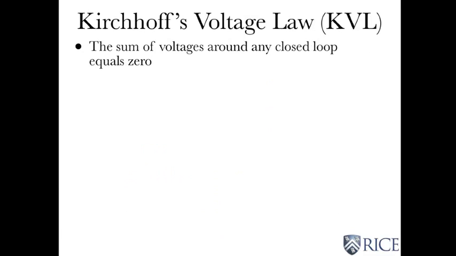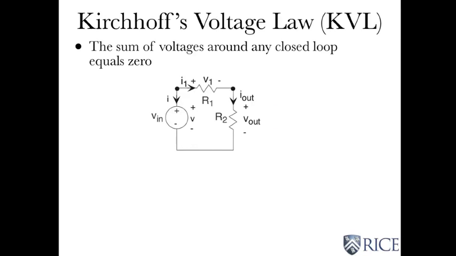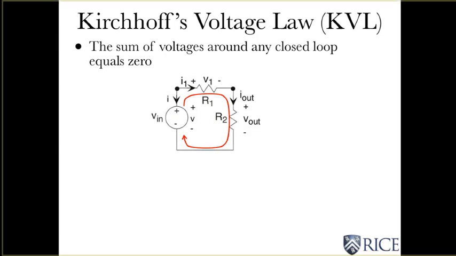So Kirchhoff's voltage law is that the sum of voltages around any closed loop in a circuit must add up to 0. So here's our circuit, and we have 3 voltages here that are defined, and what we're going to do is go around a little loop. And the way you do that is, if we define we're going around the loop clockwise, that's what the graphic says, we're going to take the voltage signs according to whether it goes plus to minus.